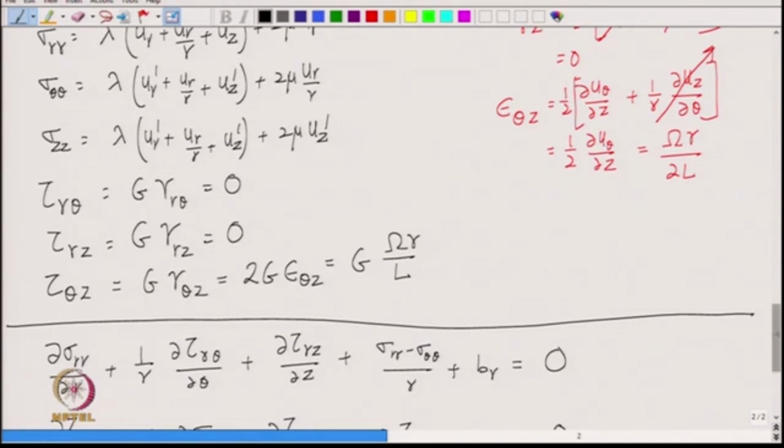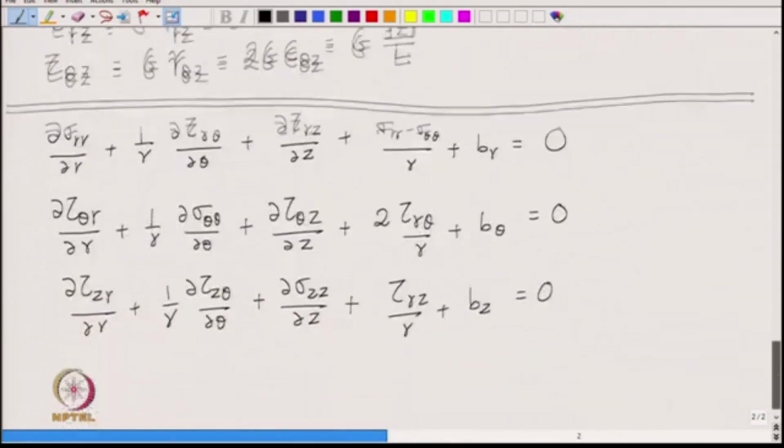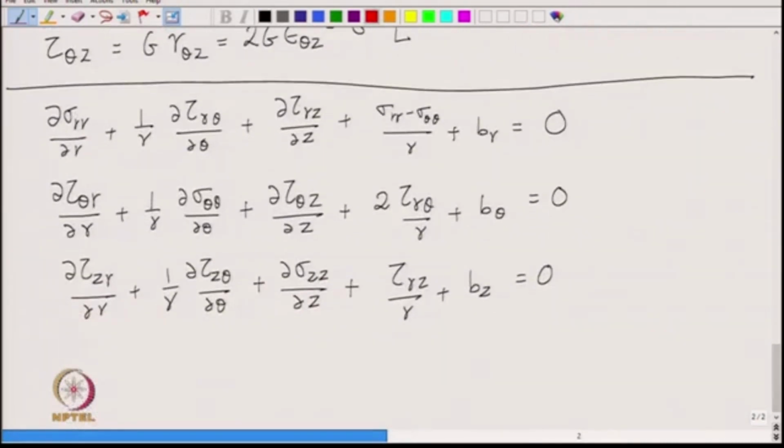So, if we come back to our equation again, then wherever we have derivative with respect to theta, they are all going to be 0, right. So, we can say this is 0, this is 0, this is also 0. And then what about tau theta r?